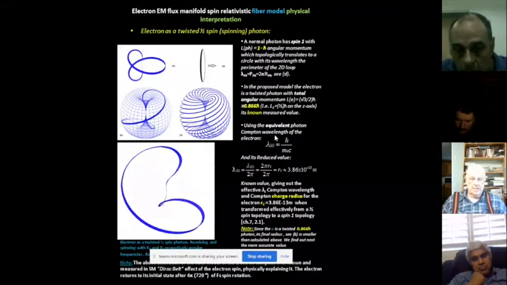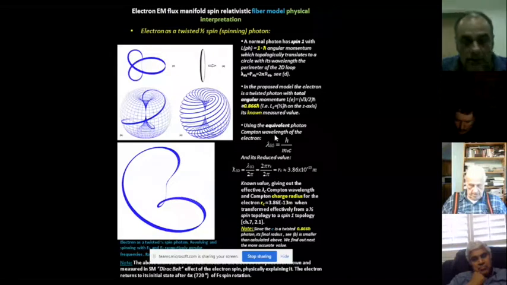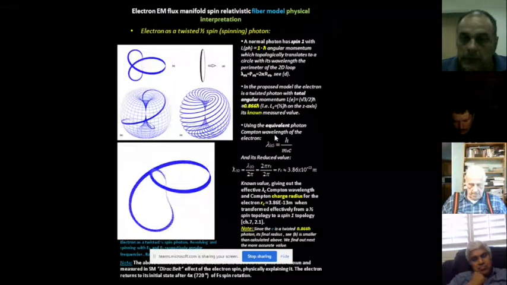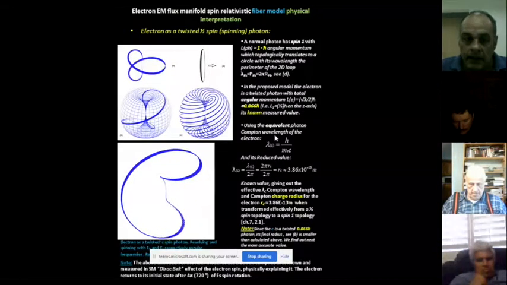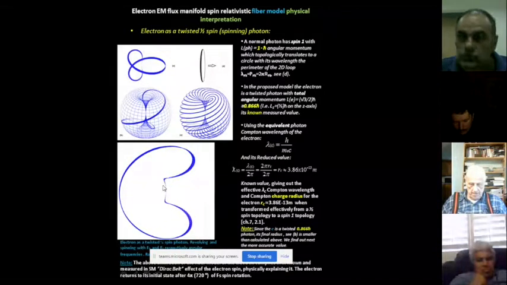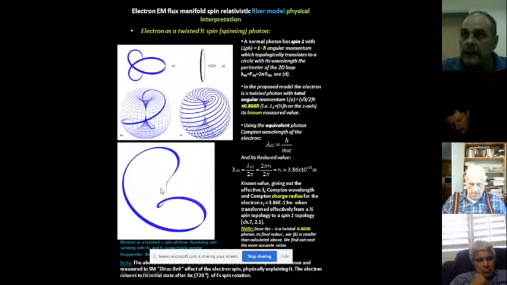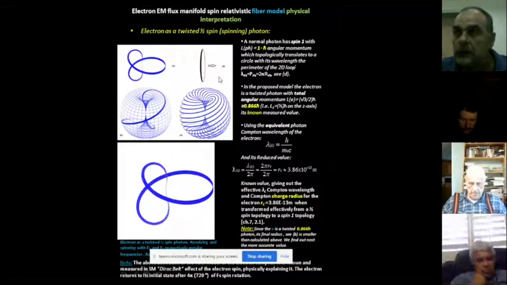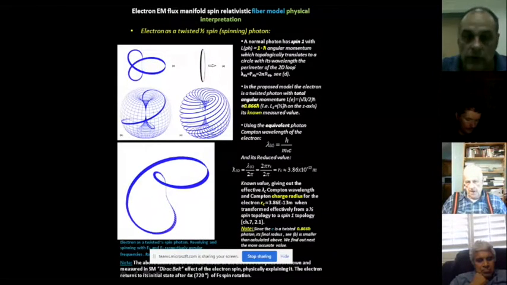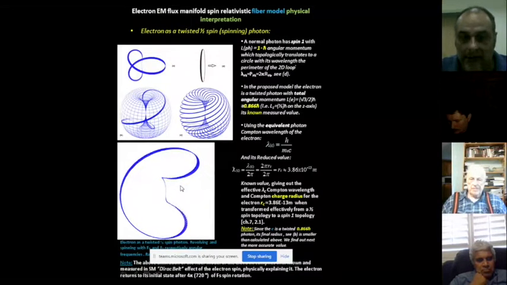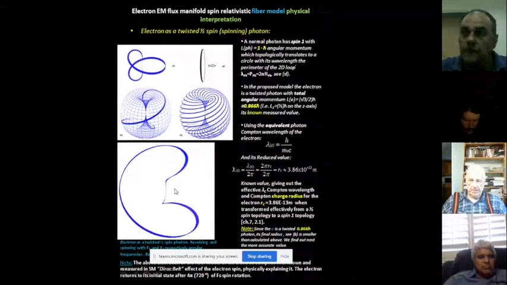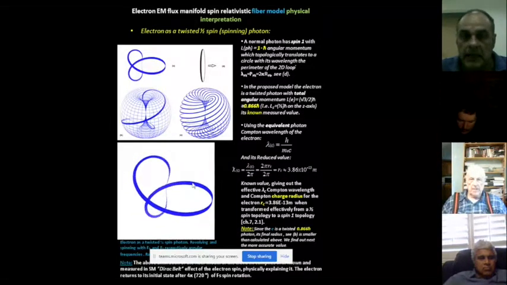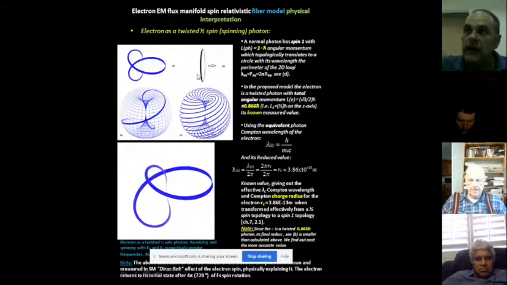So our take, what we think is happening when the electron and the positron clash together, is that these two photons get unbound, get free, extend in space and become a normal photon and fly away. They get knocked out from the volume of the electron, expand and become a photon, and then fly away.